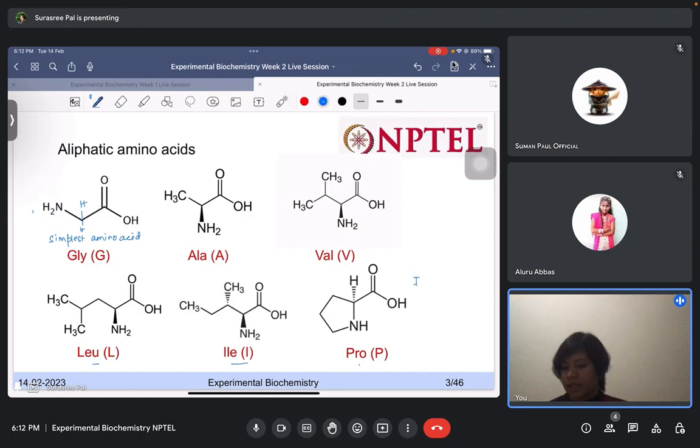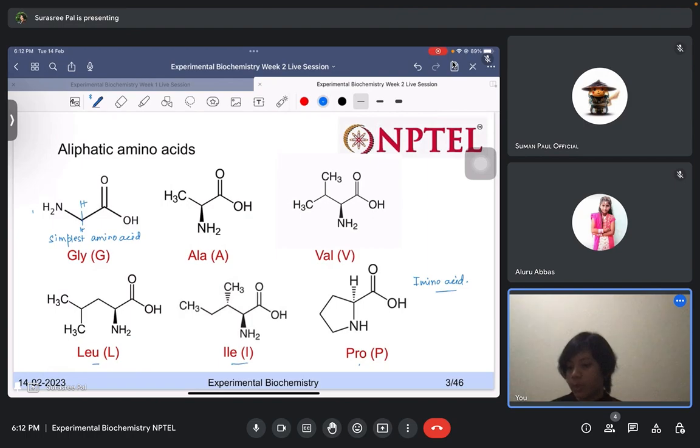Proline is called an imino acid because if you look at the structure, you will see that the side chain is actually linked by this ring structure with the alpha carbon, right?